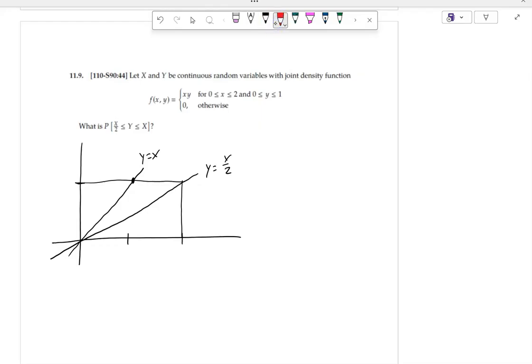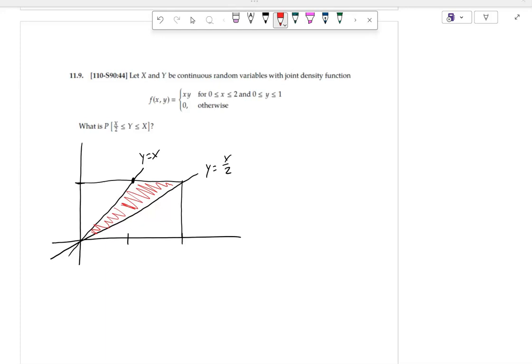And we want y to be in between those two values. So if I shade, it's that region. I know my other line doesn't look particularly straight. Are we okay with the region? Okay.